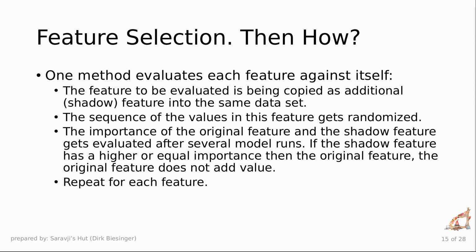And we do multiple runs with slightly different characteristics, just to spread the probabilities so that we are not finding some form of random lucky guess or unlucky guess. So we run it multiple times with slight variations, and then we compare the importances between the original feature and the shadow feature.